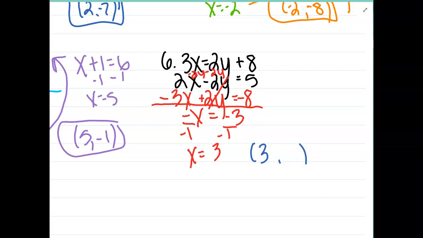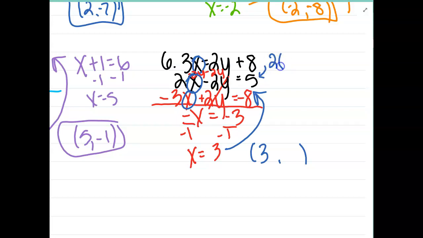So your answer is 3, comma, something. Got options here. You could plug it in here for x, here for x, or here for x. It does not matter. Any preferences? This one? Okay. So let's do this second one right here.